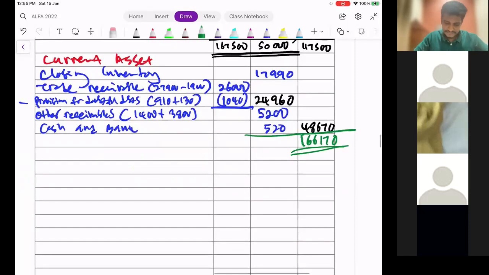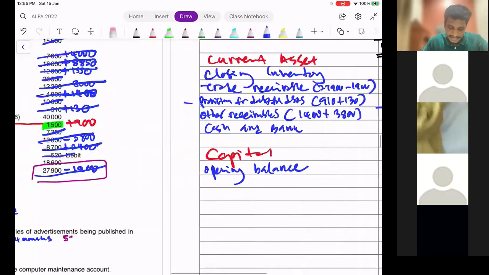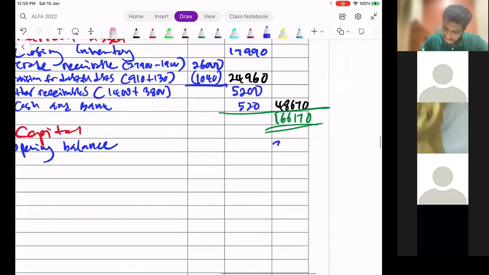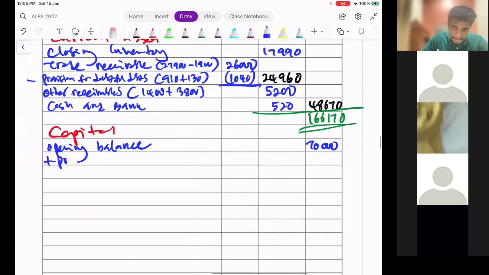After that, very quick one, we have a capital. We have an opening balance of the capital. How much is the opening balance of the capital? My capital is 70,000. So right here, 70,000. This opening balance plus profit for the year.